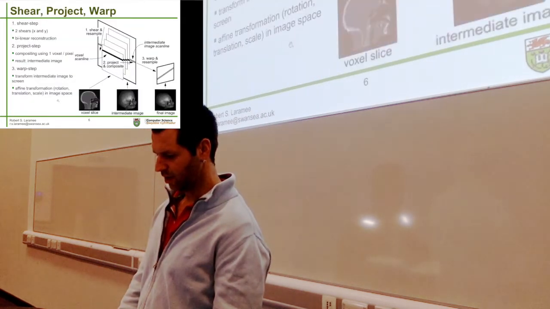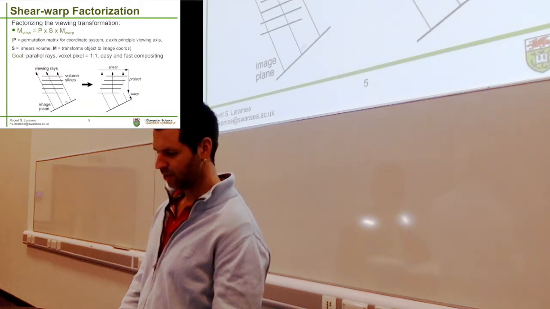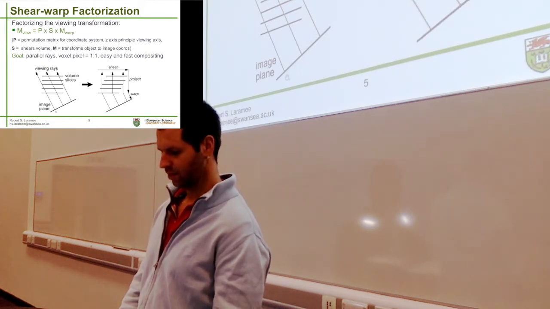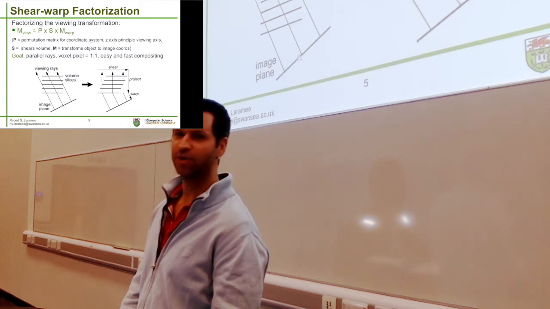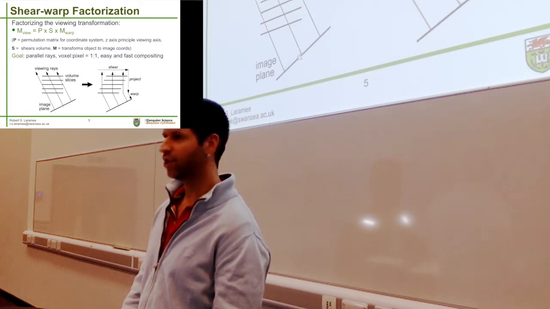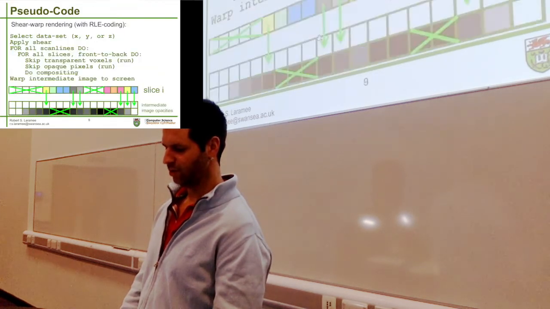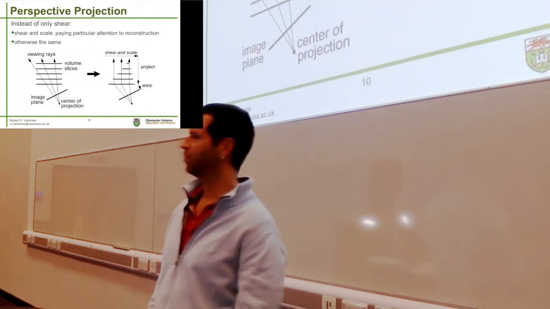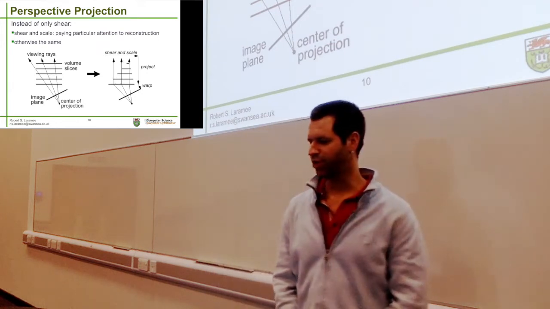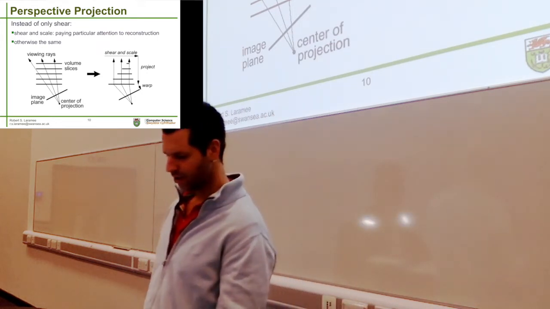In this image, they're parallel. This is the default. So we compute pixel colors and opacities based on parallel rays. That's parallel projection, and it's faster. But if we want it to be a little bit more realistic, we have to use perspective projection. The rays are no longer parallel.